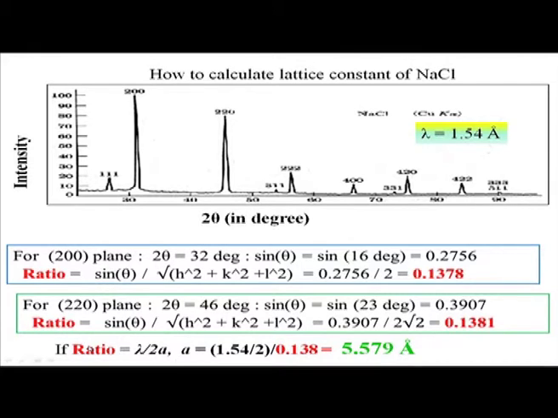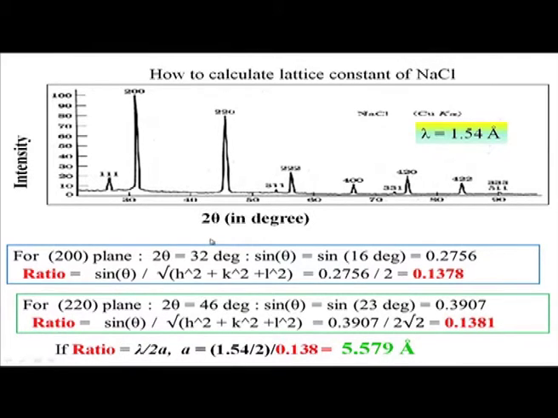I have taken these 2 planes, this and this, okay. I have taken these indices. For these indices only it will show this constant value, lambda by 2a.